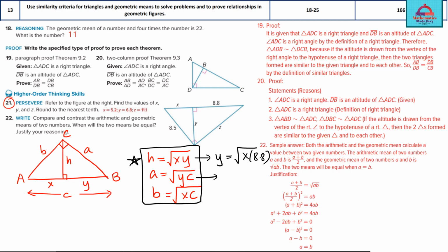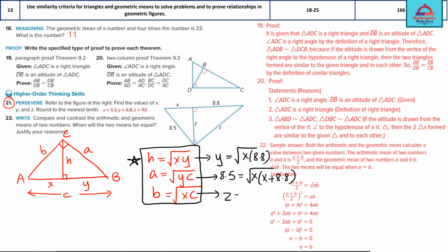Similarly for A, that is any leg you take, for example, I take this leg first. So the formula application will be 8.5 is equal to, which is the leg close to it, x multiplied with the total length. So it is x plus 8.8. This is the next equation. And the last equation is B, which is the value of z here.